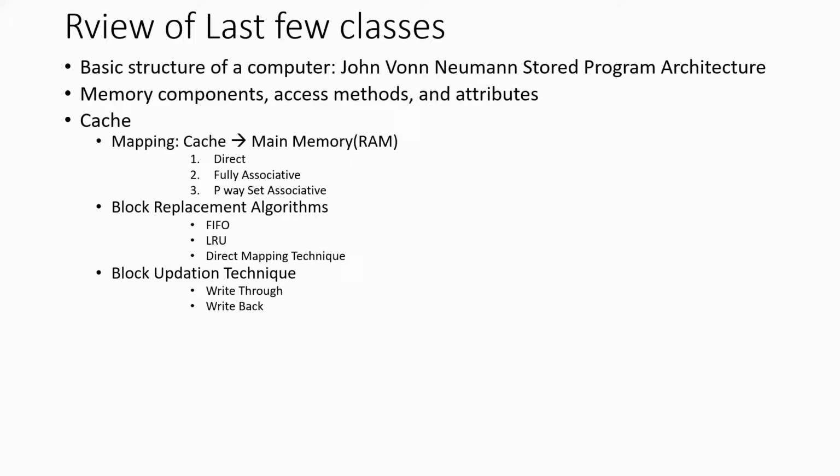So these three kinds of mapping are there: direct mapping, fully associative mapping, and k-way set associative mapping. And we also saw a numerical with bits requirement to access this cache memory from the main memory blocks. Now we've seen the block replacement algorithm and block update technique respectively.